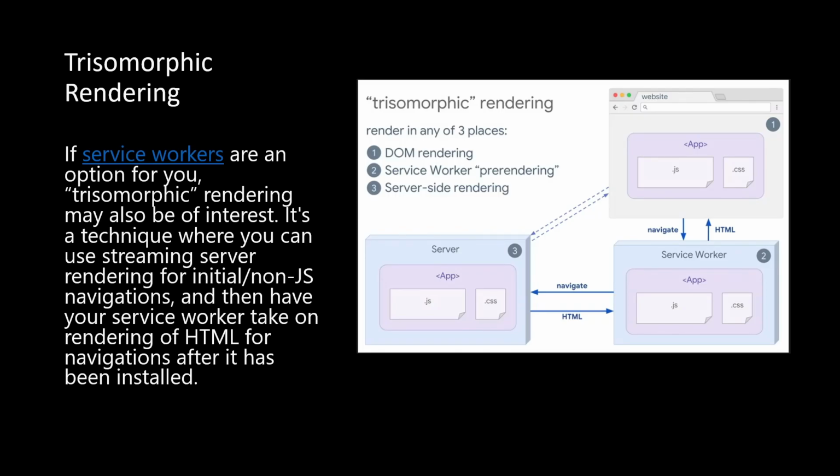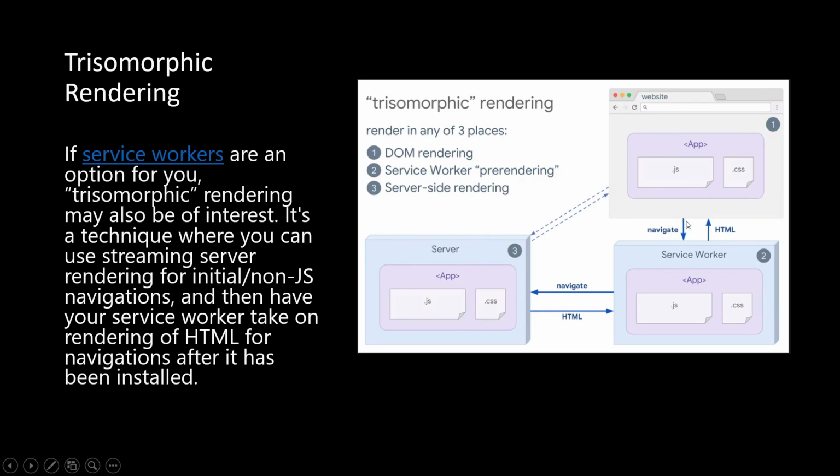So basically, rendering happens in three places: DOM rendering, service worker pre-rendering and server side rendering. So this is the server, this is the service worker, and this is our DOM. Here the HTML is transferred from the server to the service worker, and again this HTML is transferred to the DOM.